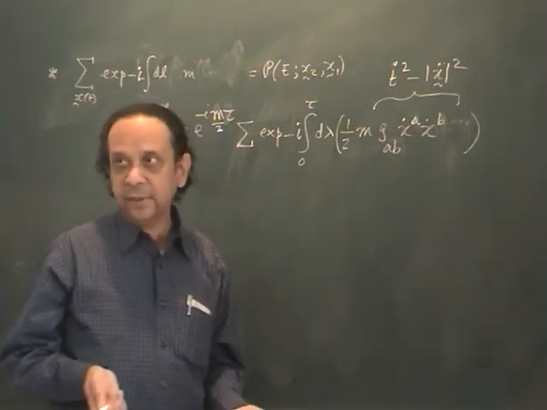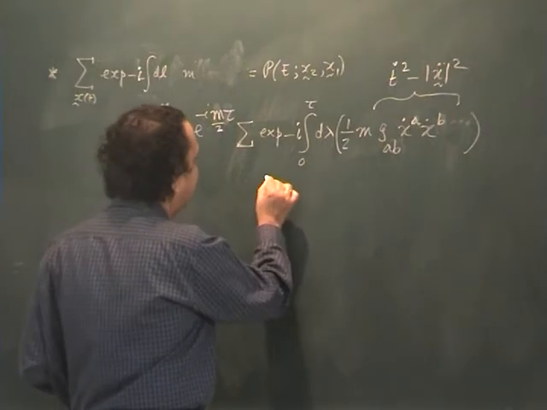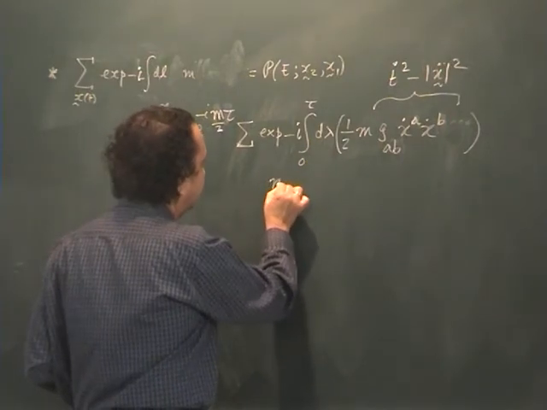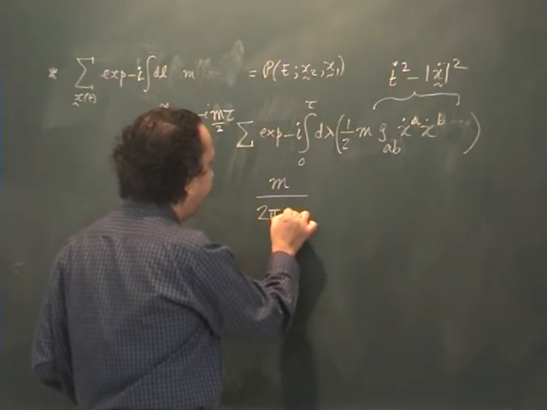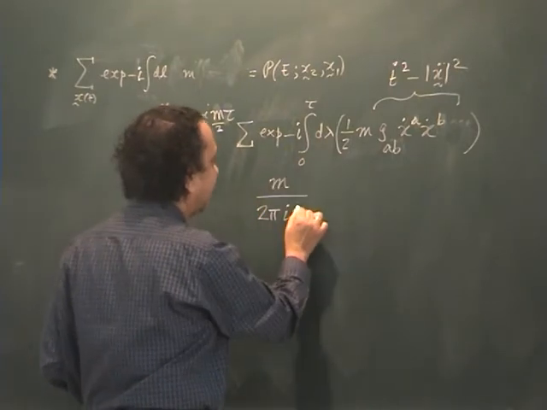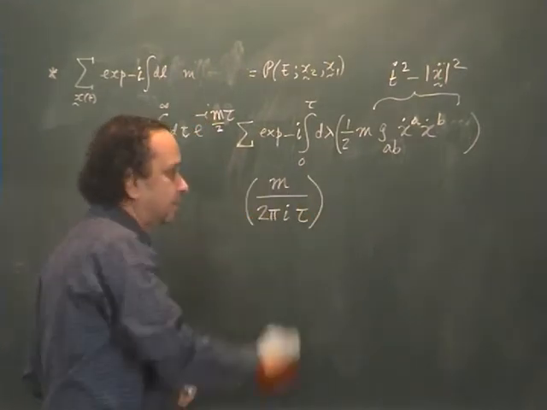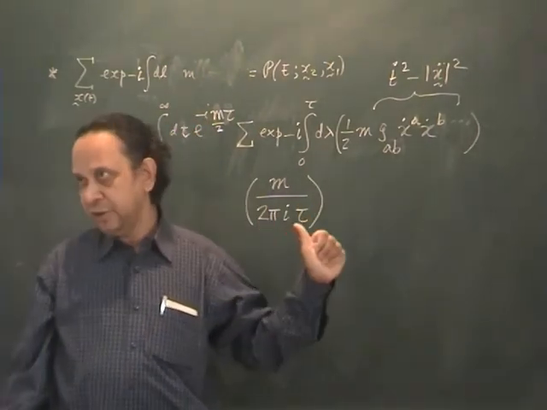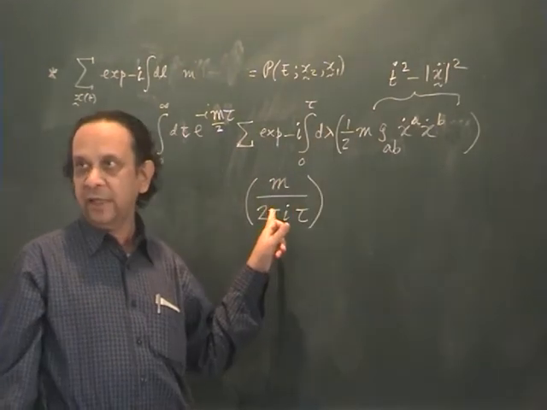Okay. Now what is this? This is a quadratic path integral. We have done it several times. What will that give? That will give you m over 2 pi I, the time interval which is here tau, for each dimension, where you get plus sign here because I have put m here.